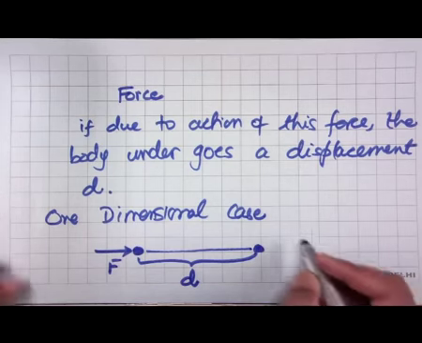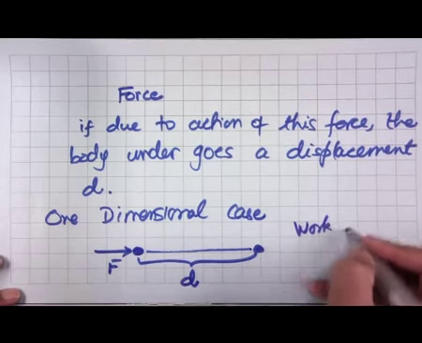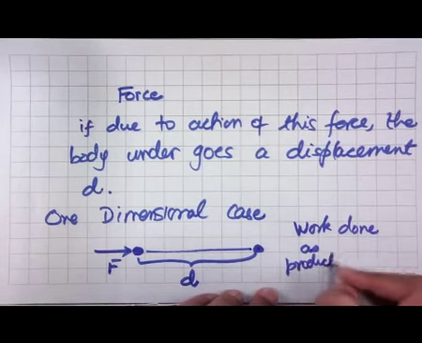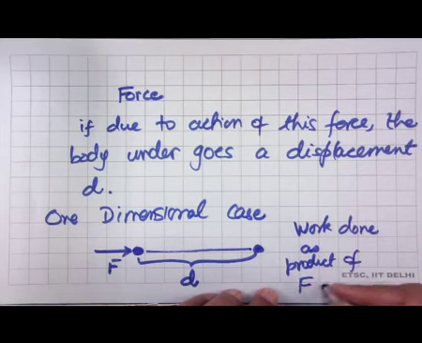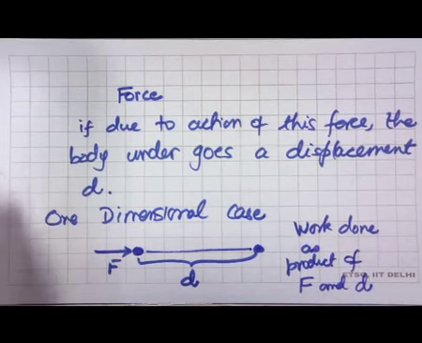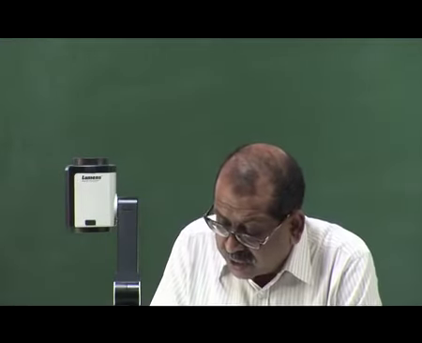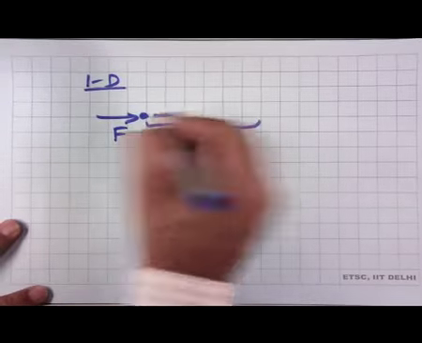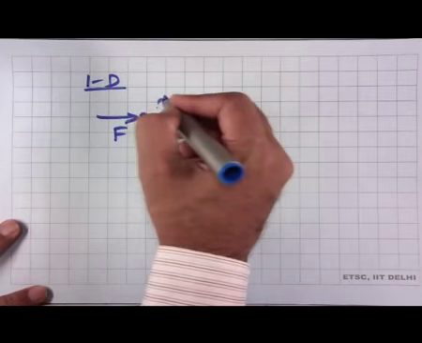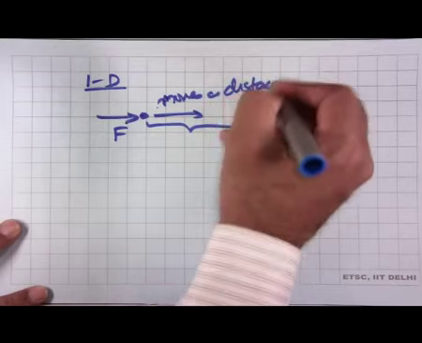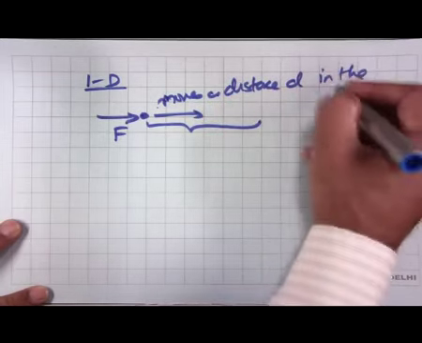We define the work done as the product of the force and the displacement d. So, we are talking of a 1D case, where the force is in this direction, and because of this the particle moves a distance d in the same direction.